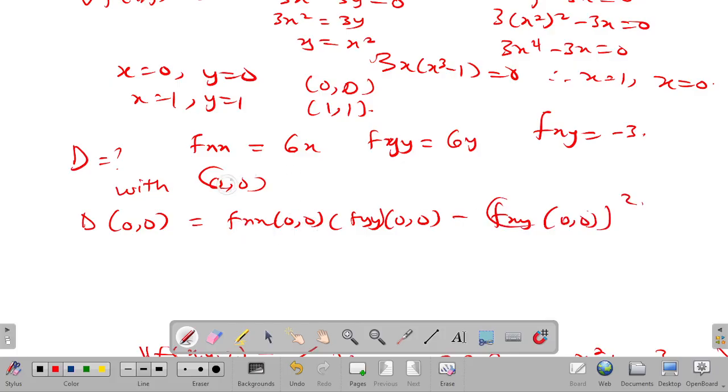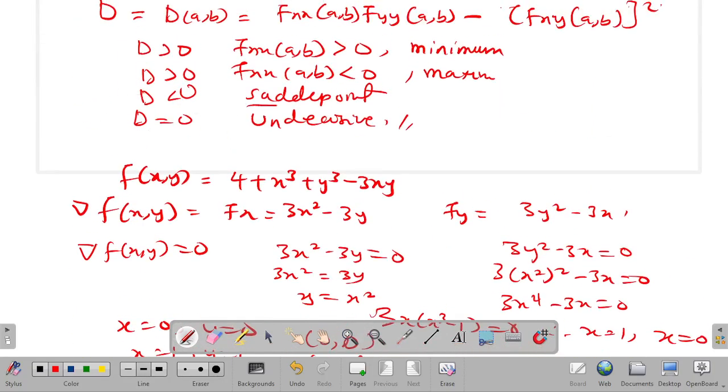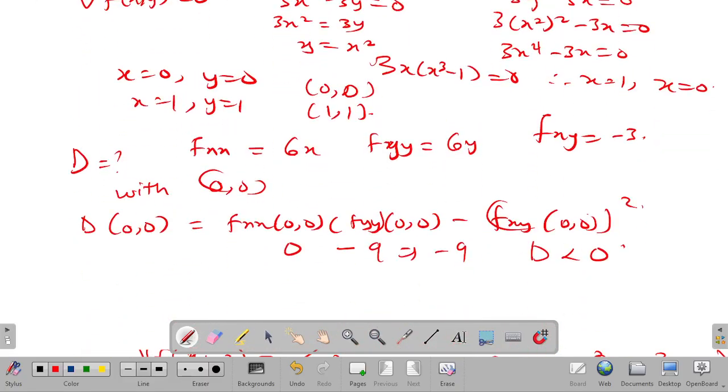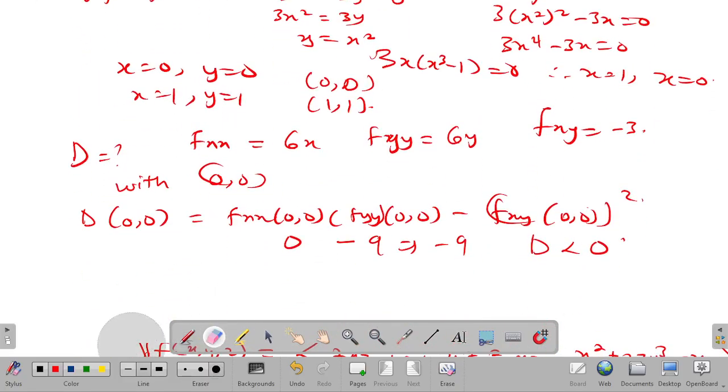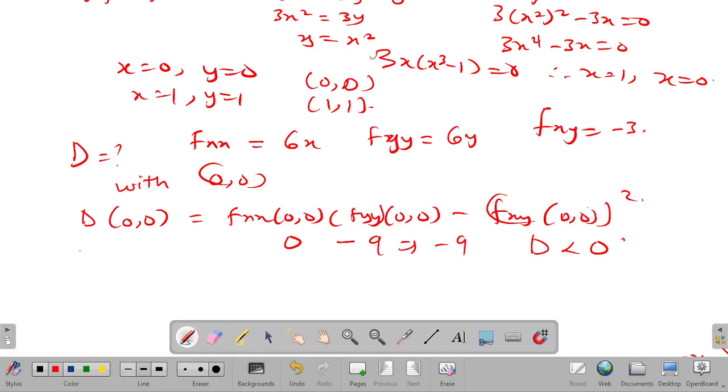When I put in (0, 0), the 6x and 6y give 0, so everything here will be 0. Minus fxy, which is negative 3 squared, gives 9. The answer is negative 9. Therefore, my determinant is less than 0. If your determinant is less than 0, it's a saddle point. Therefore, you say that the critical point (0, 0) is a saddle point.